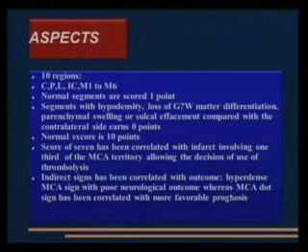The ASPECTS is a score that was started in Alberta, Canada. That's why it's called Alberta. There are 10 regions, that is easier to see here. The normal score is 10 points, and a score of 7 has been correlated with infarct involving one third of the MCA territory.